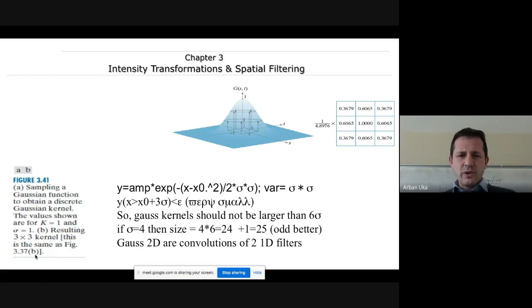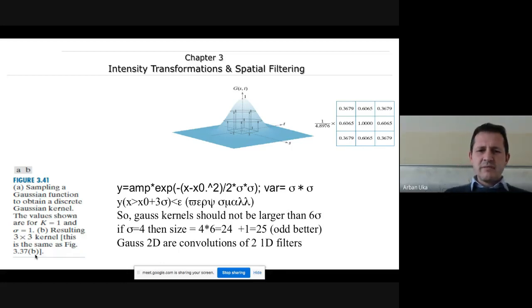So what I'm trying to say in the second line is that for x larger than x0, being the center, plus 3 sigma, if you are further than 3 sigmas from the center, the values of y are epsilons. They are negligible, almost 0. If you add zeros times some numbers into your calculations, it's meaningless.